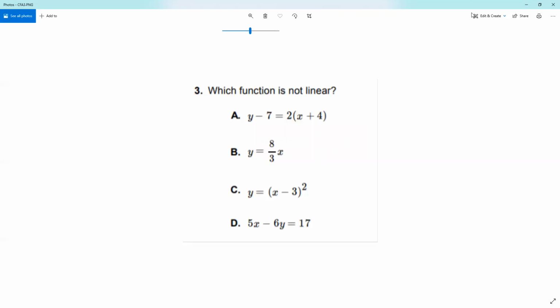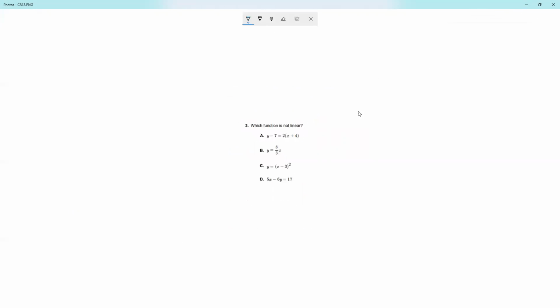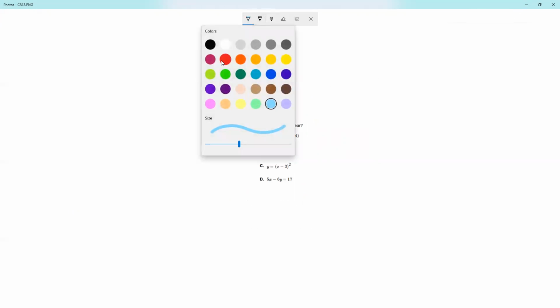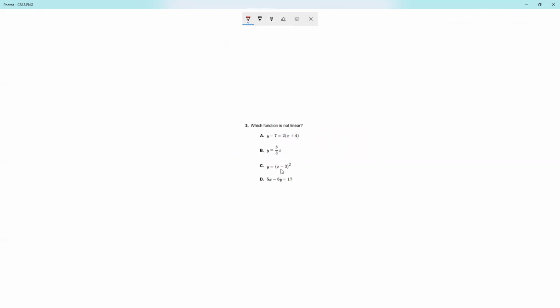And I realized after I assigned this problem that C here is probably not very clear to you what it looks like if you simplify it, because it's not simplified and you don't really even have the skills to simplify it right now. But if I was going to simplify this side for you, this is the same as saying x squared minus 6x plus 9.